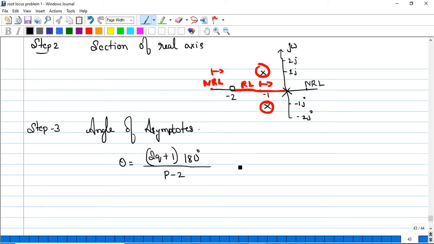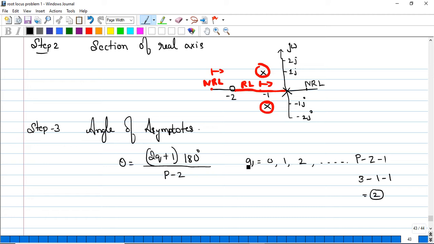Where q will be 0, 1, 2, up to p minus z minus 1. So if I substitute, p is 3, z is 1, p minus z minus 1 gives me 2.